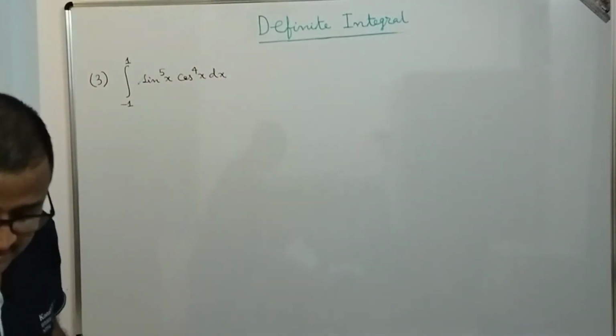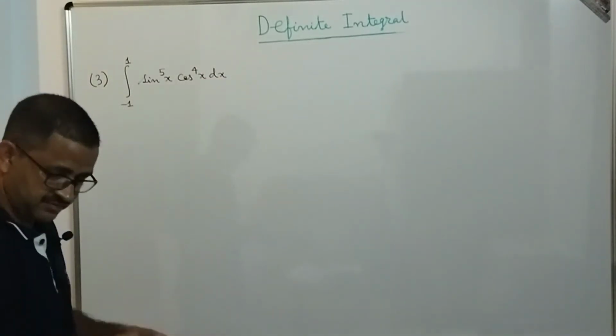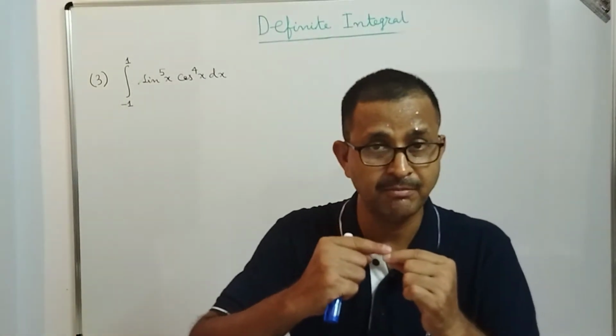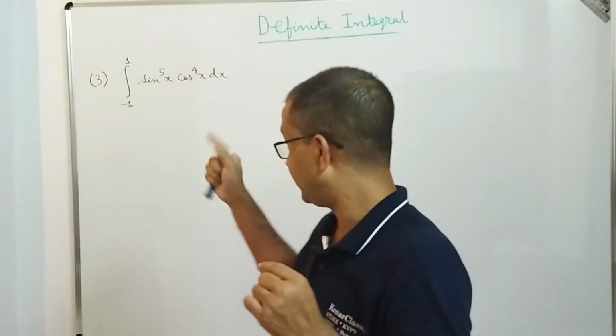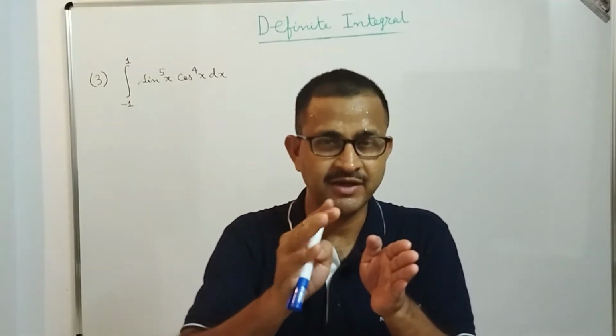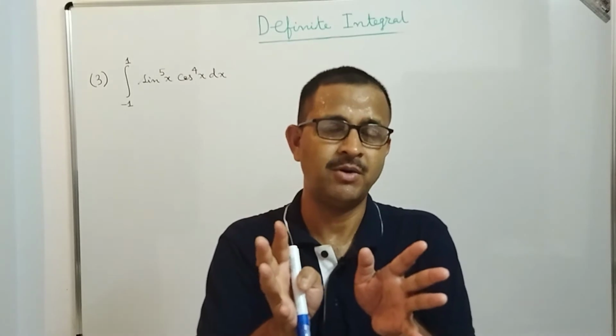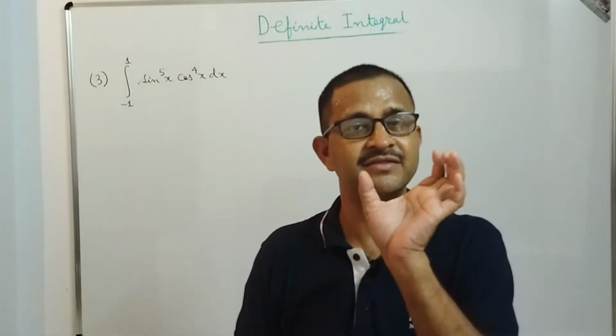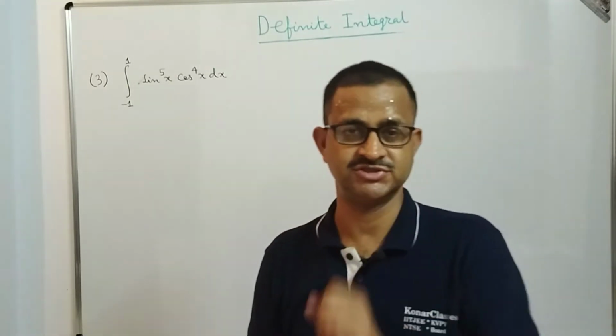Okay, let's see how we can work on this. Dear students, as I was telling, whenever you see the limits from minus a to a, in this case minus 1 to plus 1, and the integrand is a function which is square or cube or any other power, then always you need to think whether that integrand is an even function or odd function.